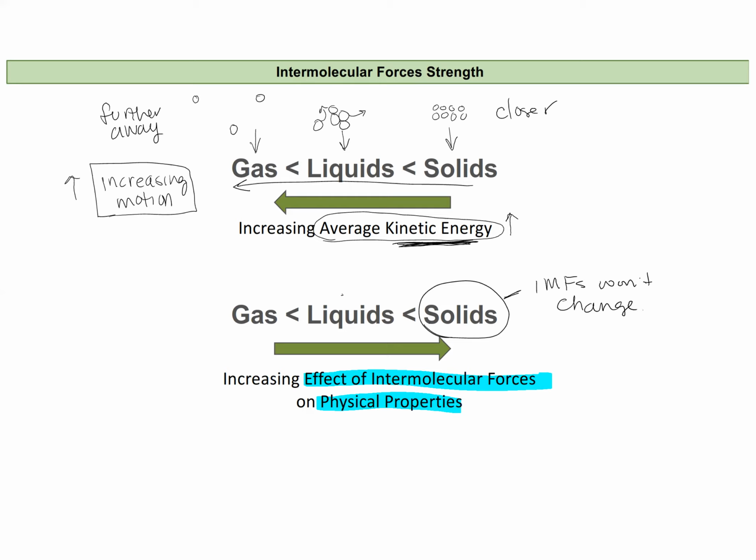And in our liquids, it'll be a little bit less important, though very important still. And so because they're close to one another, IMFs will constantly exist, but the IMFs will always be changing. So that's because the location of a particle will change in a liquid where it won't in a solid. And gas particles, they're going to have just no effect because they're so far apart from one another.